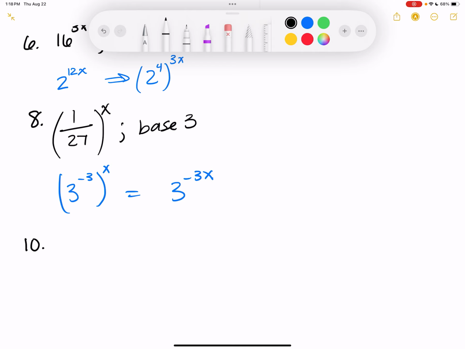Oof. I don't like this kind of math. Find the zeros of the function. Oof. Let me get you my calculator. See, you did it too. I don't like this one. f of x equals e to the x minus 4.